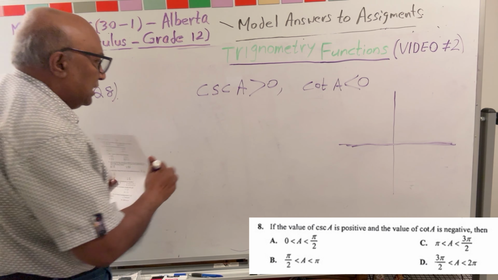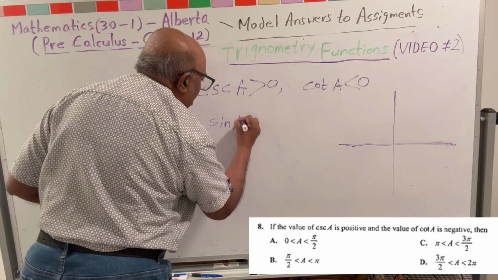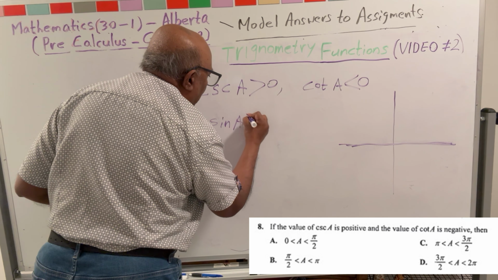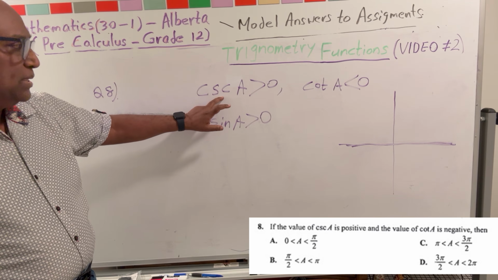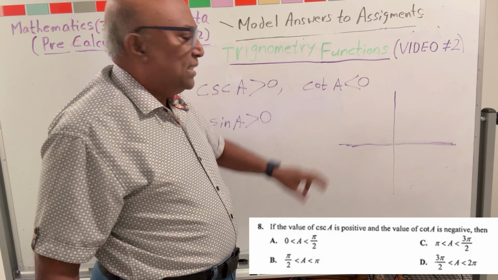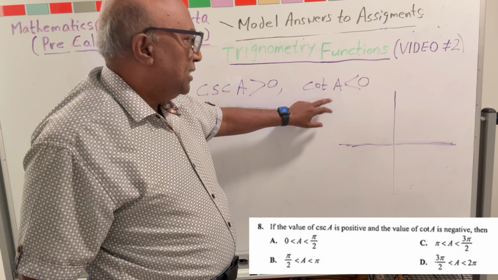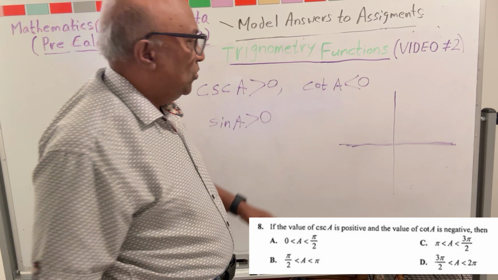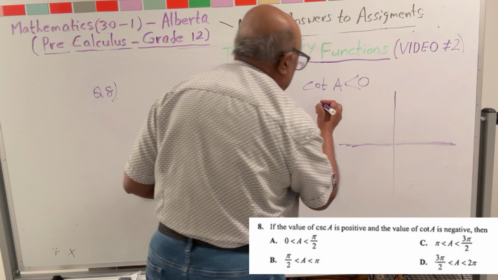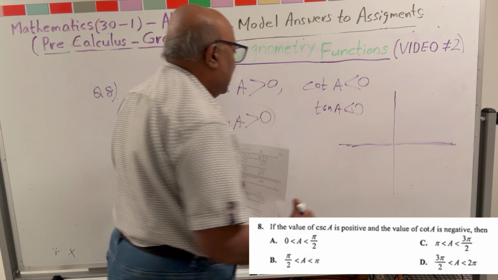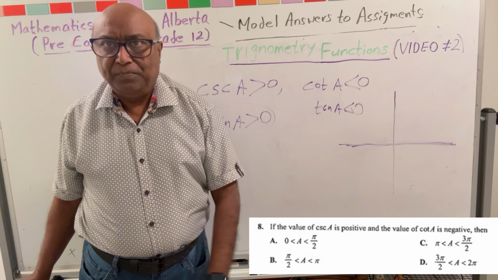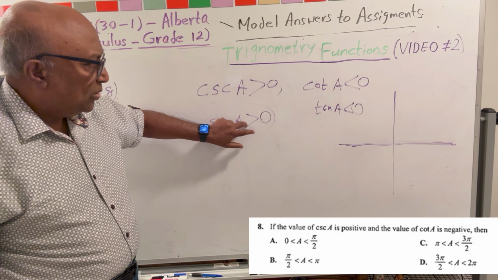The primary ratio for cosecant is sine, so sine A is also positive. If cot A is negative, tan A, which has the reciprocal value, also has the same sign, so tan A is negative. I have interpreted these two given pieces of information in terms of primary ratios: sine positive, tan negative.